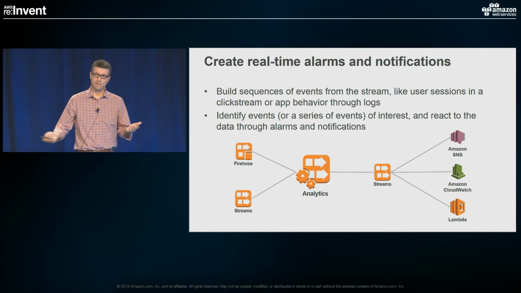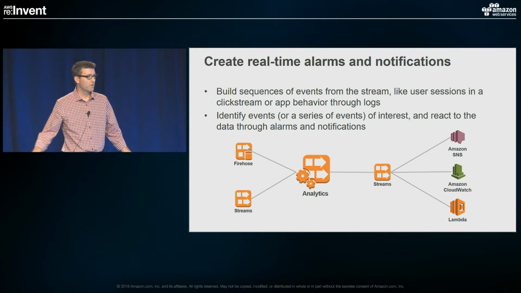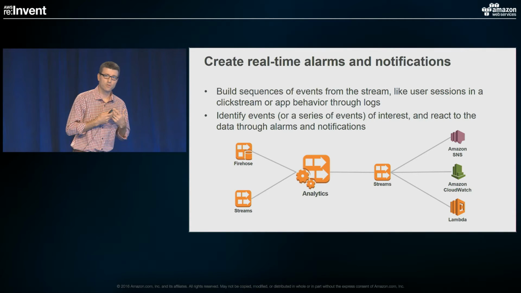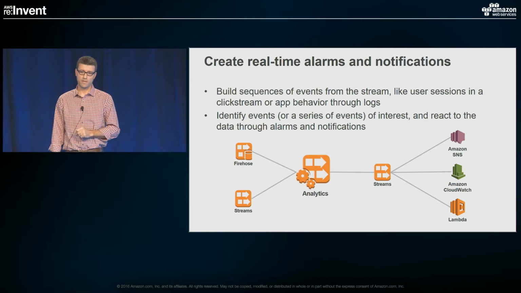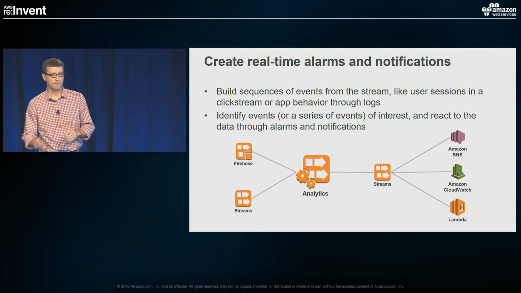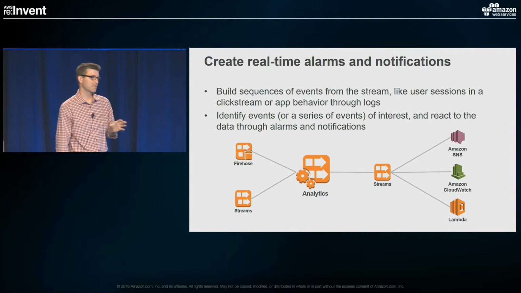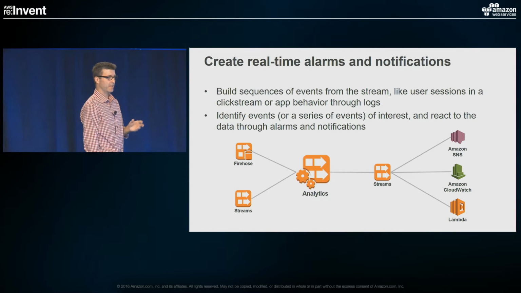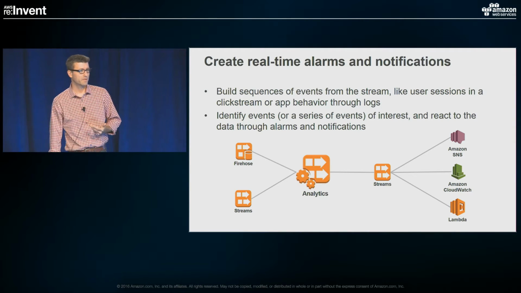If you have a large fleet of web servers, maybe 20 web servers, all pushing their Apache access log data through a stream, and you use Kinesis Analytics to do some analysis on that, it's very simple to say, when I get more than 10 500 HTTP response codes in a brief period of time, I should probably do something about that. And so we have a lot of customers who are now using Kinesis Analytics to do Apache access log analysis, and alerting their operations team when they see anomalies in their streaming data.